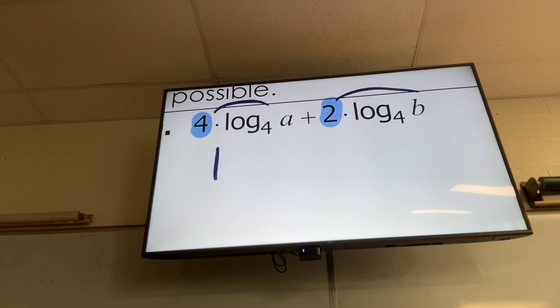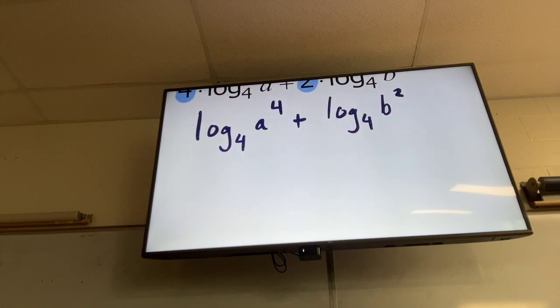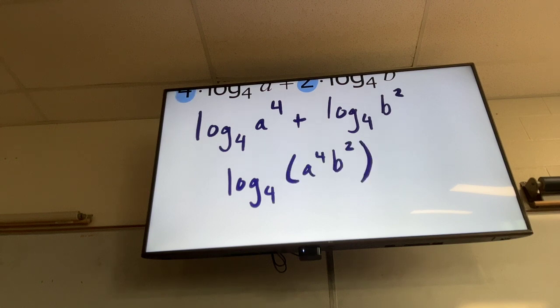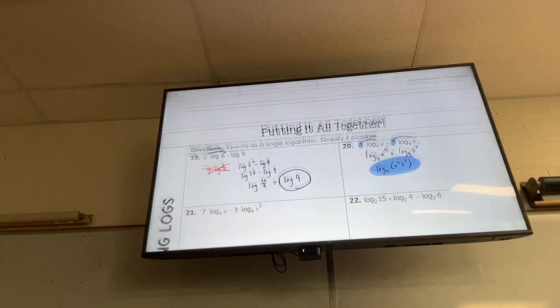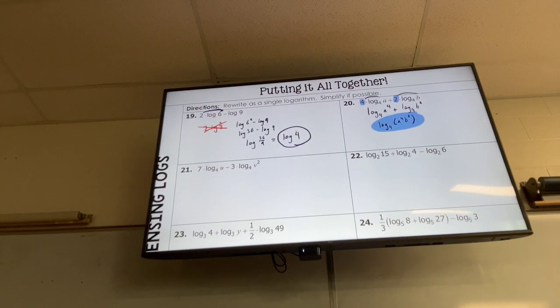So this becomes log base 4 of a to the 4th plus log base 4 of b squared. And now we're going to multiply into 1 logarithm. So when you do multiple rules at once, it gets a little harder. Questions, comments, concerns?